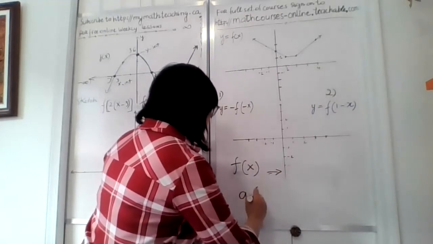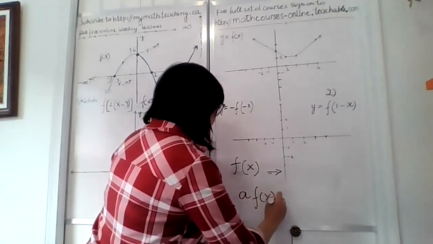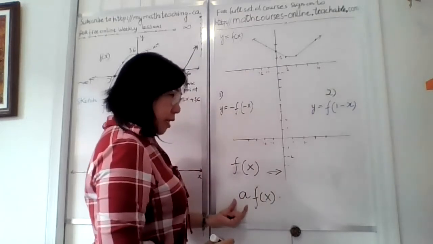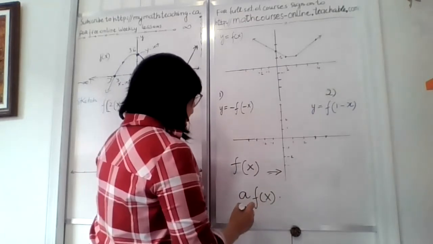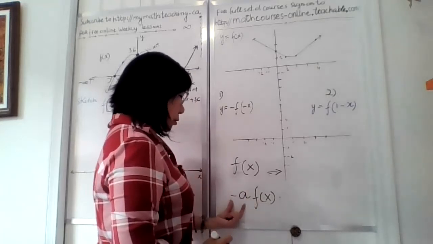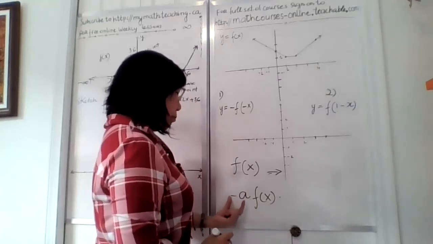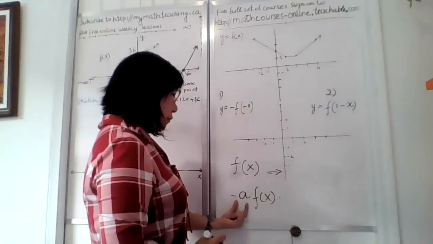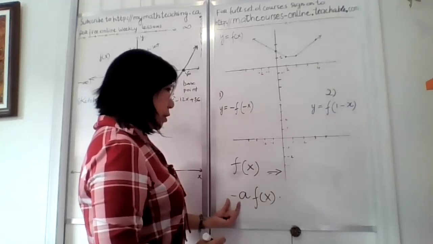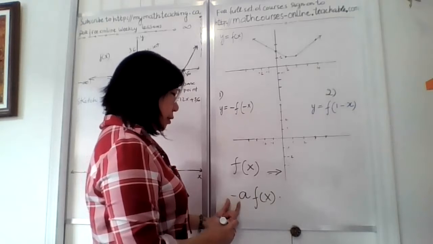If you put an a in front of it, this is called a vertical stretch factor of a. If you put a negative in front of this function, minus a f of x, it means you're including the vertical stretch factor and the reflection over the x-axis.